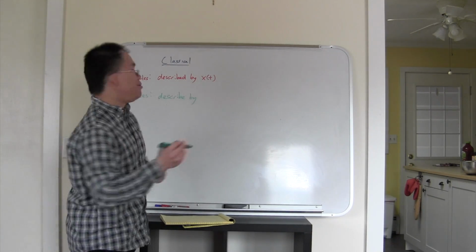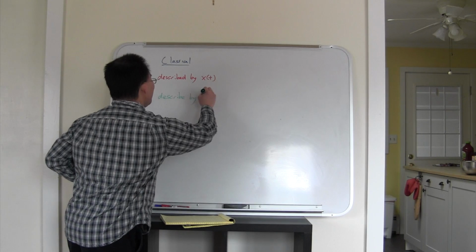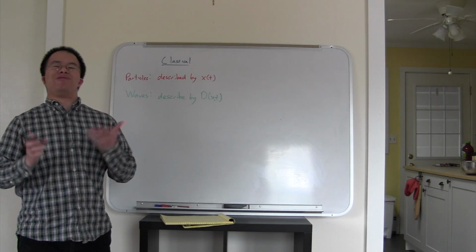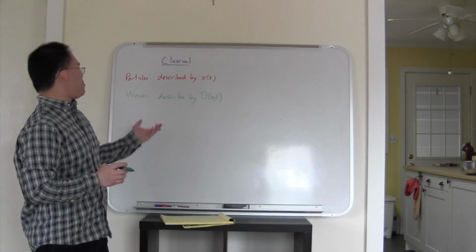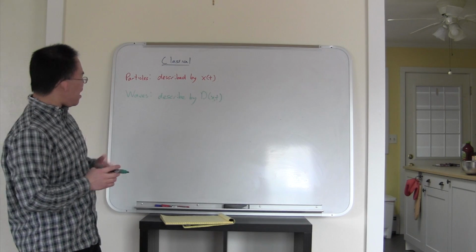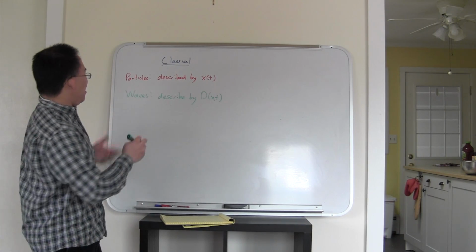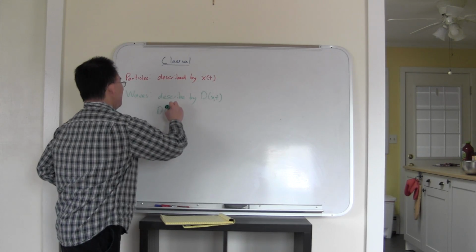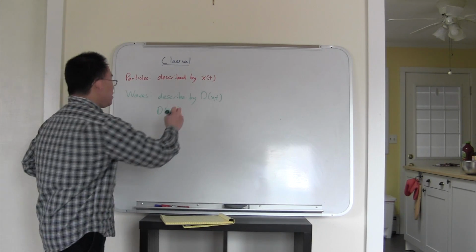I think Knight used d of x and t for a general wave displacement. I actually kind of like that notation. So a few things, right? So d of x and t for a classical wave is real.